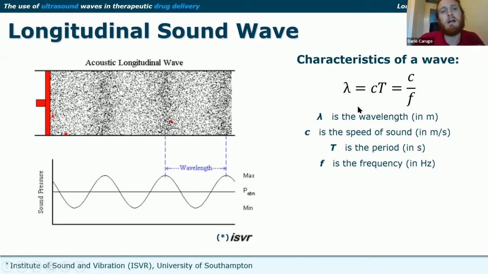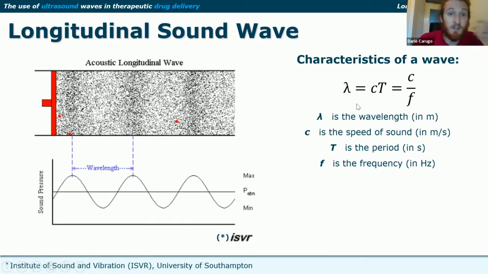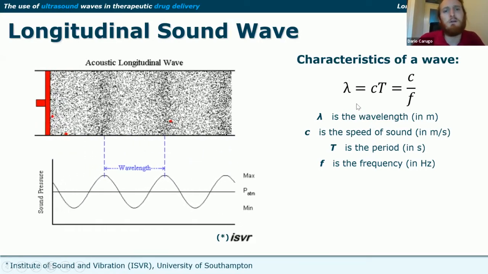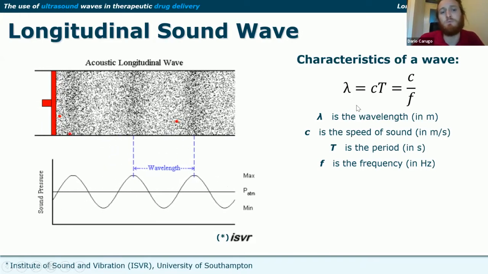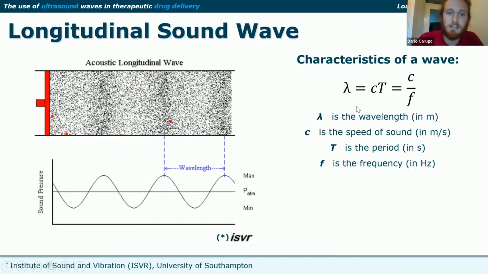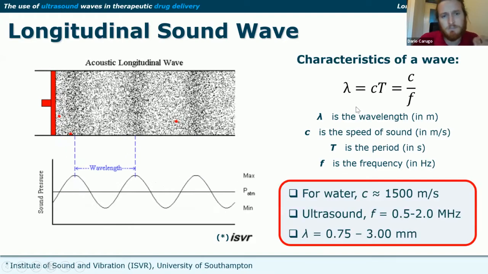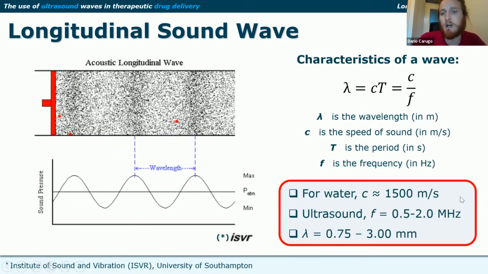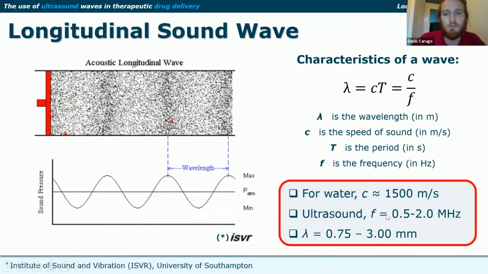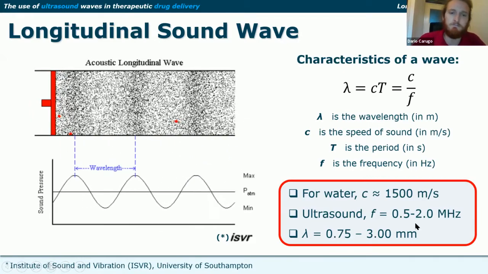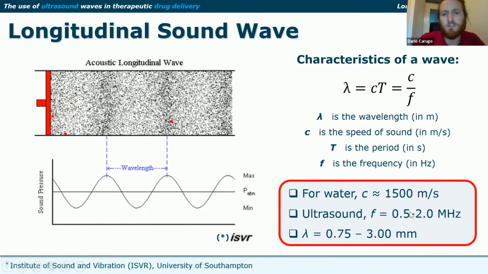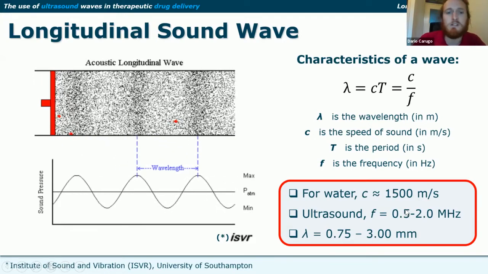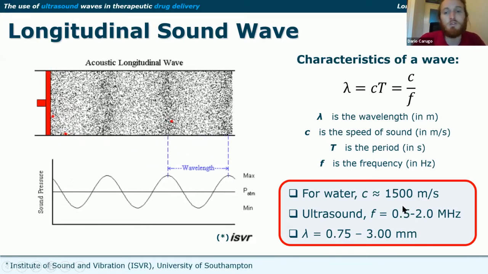Now, in this talk, I'll be discussing specifically ultrasound waves. Ultrasound is a type of sound wave with frequency greater than 20 kilohertz. For the specific case of applications in drug delivery, a common frequency range is between 0.5 and 2 megahertz. We can also consider most tissues within the body as water-rich.